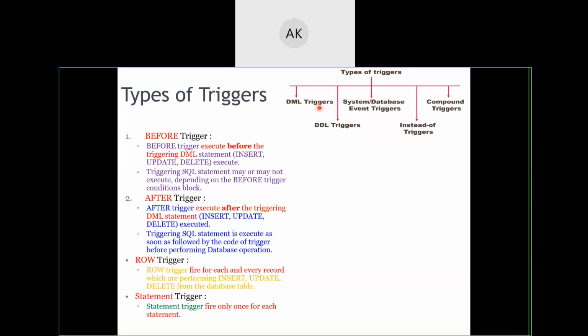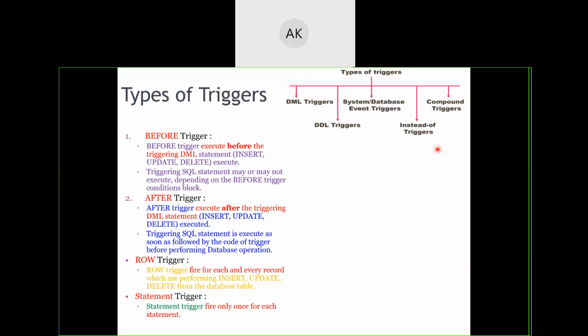It becomes before and after. Should the trigger get executed for each and every row that was changed, or should it get executed once for the SQL statement? So it becomes row and statement based. Basically, there are 5 different types of triggers.